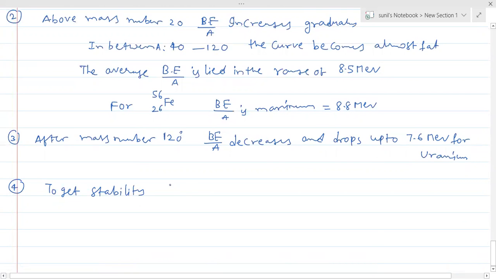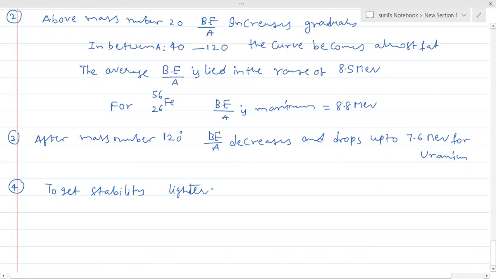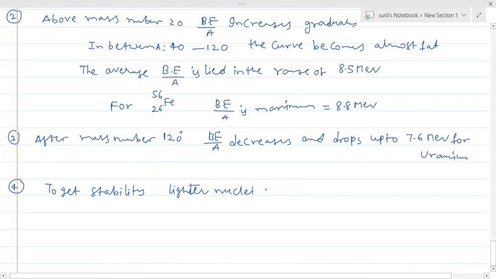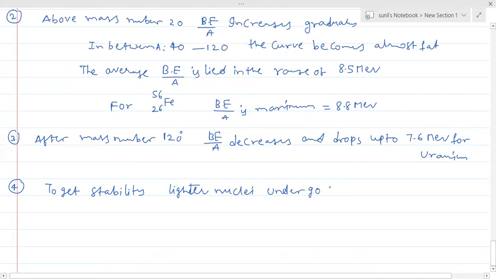To get stability, lighter nuclei undergo nuclear fusion.